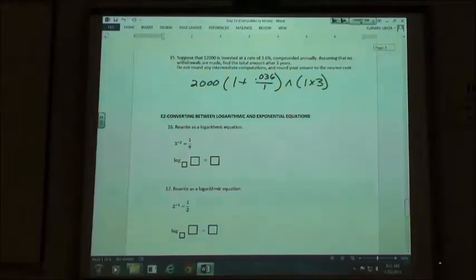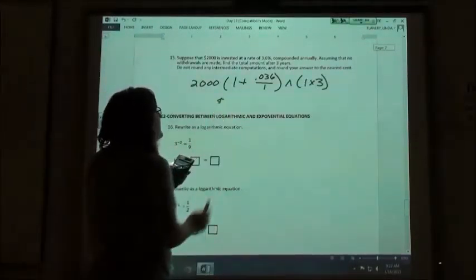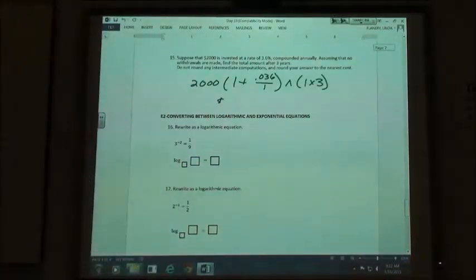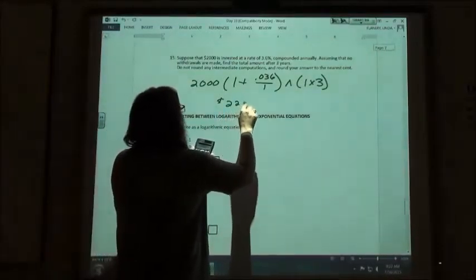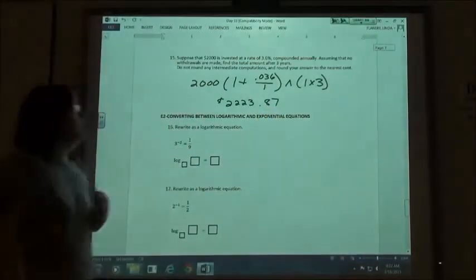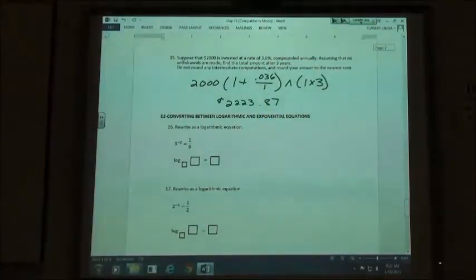So if I invested $2,000 at 3.6%, after 3 years I'm going to have $2,223.87. So if I'm only getting 3.6% interest, it's going to take me a long time to make money.